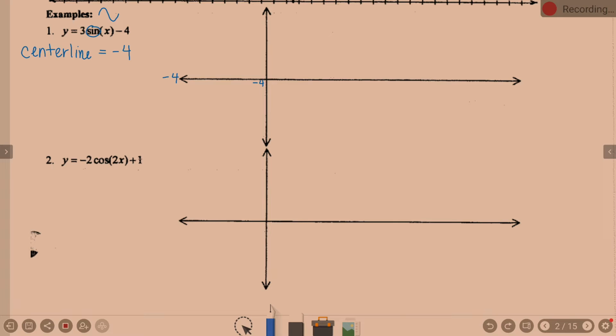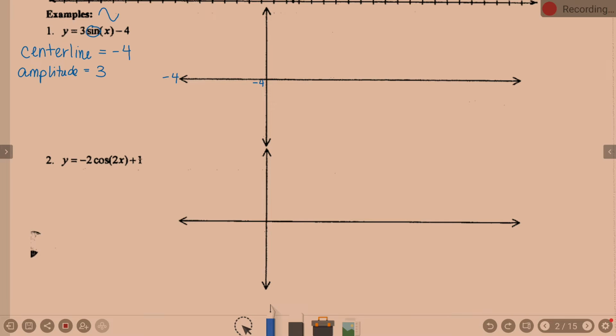Now, my next question is, what is my amplitude? What was it? 3. Okay. Amplitude is 3 because that is the A value multiplied out front. I'm just using that chart right up above.